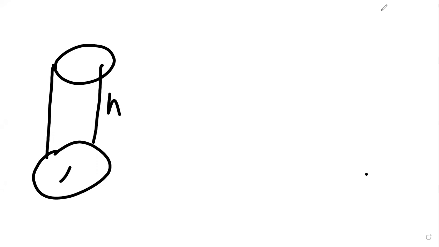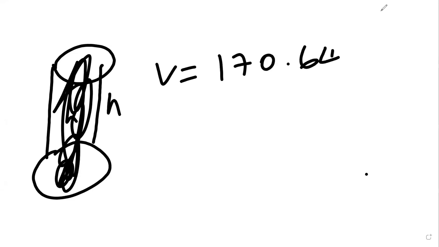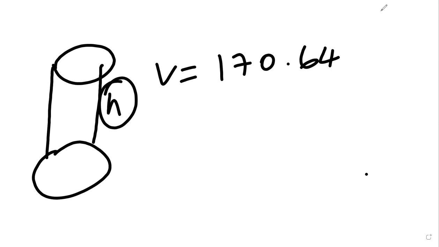Let's say we want to find the volume of this cylinder. If the volume of the cylinder is 170.64 cubic centimeters and I want to find what the height is, let's say the height was not given.